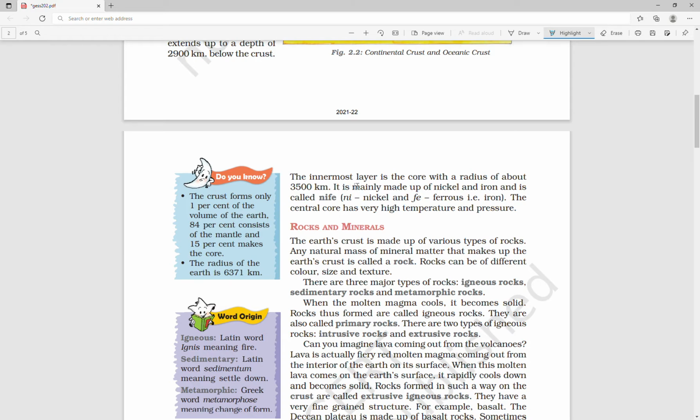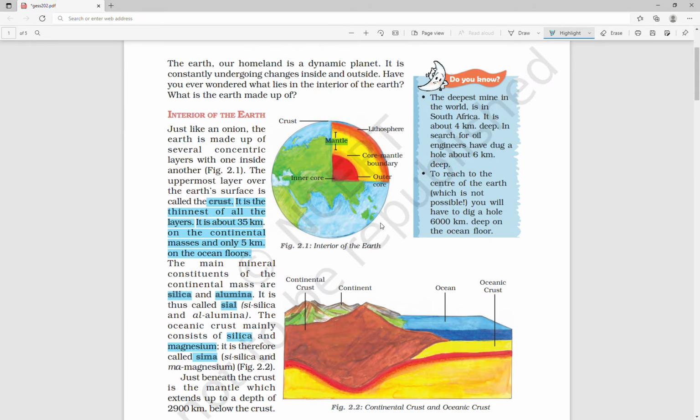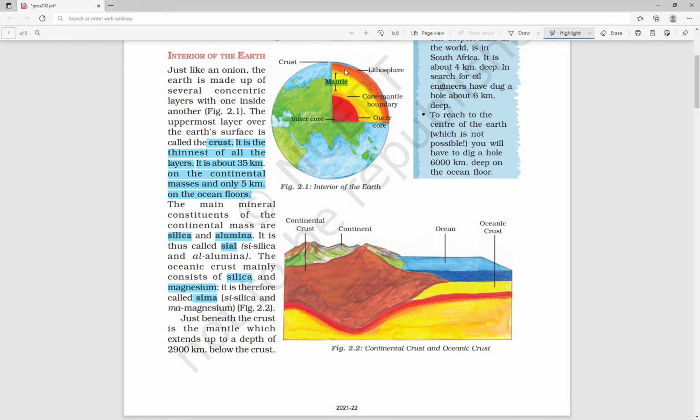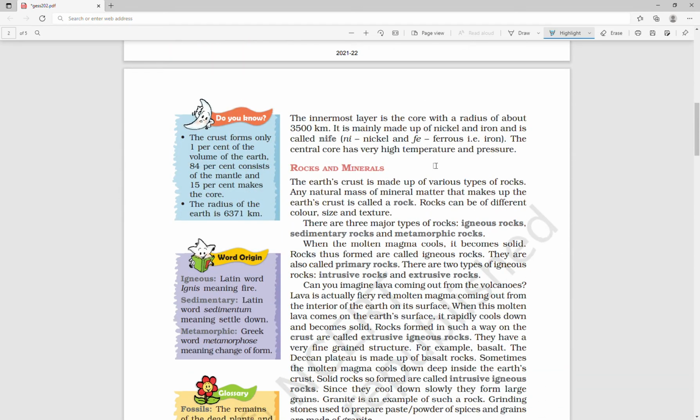The innermost layer is the core. You can see in this figure, right? Crust is the uppermost and core is the innermost. Don't confuse it with the book. The innermost layer is the core. You can underline this also, with a radius of about 3,500 km.